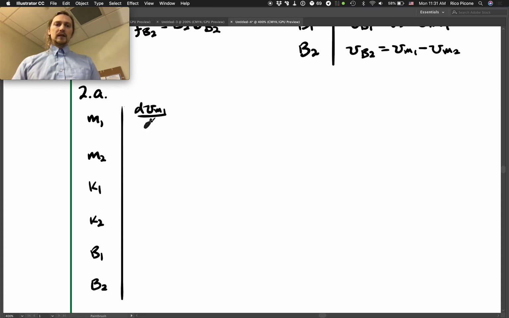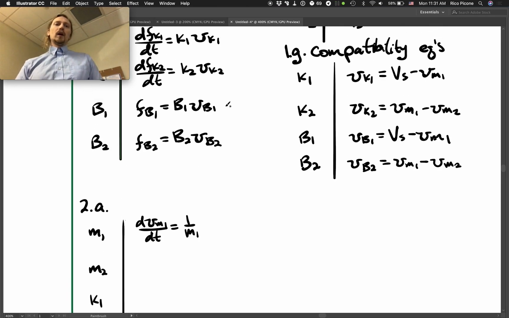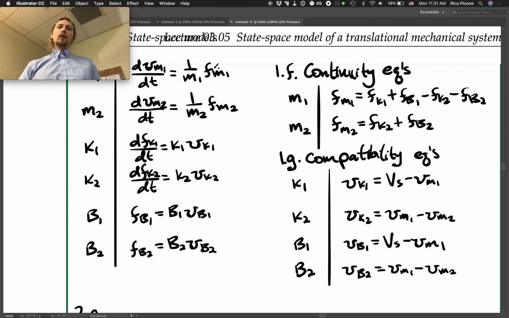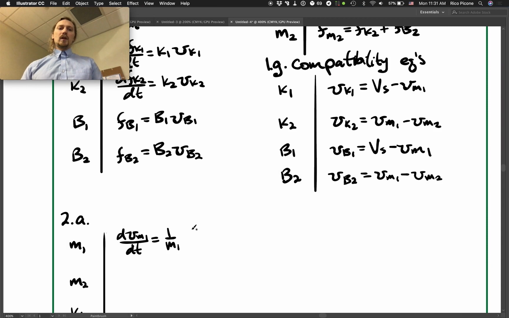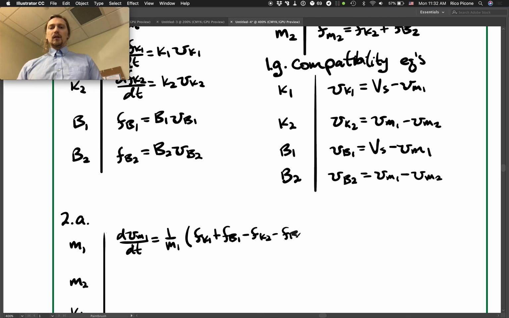So dVM1/dt equals 1 over M1 times FM1, but now we're going to look for a continuity equation for FM1, and we've got one right here. So it's just equal to FK1 plus FB1 minus FK2 minus FB2.